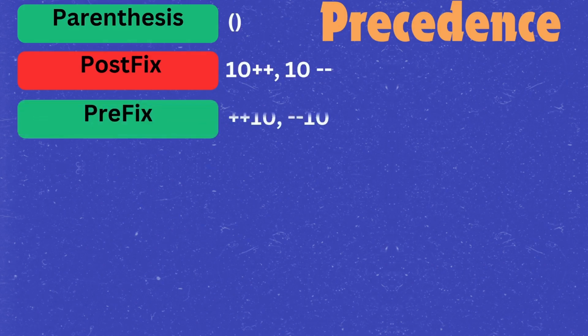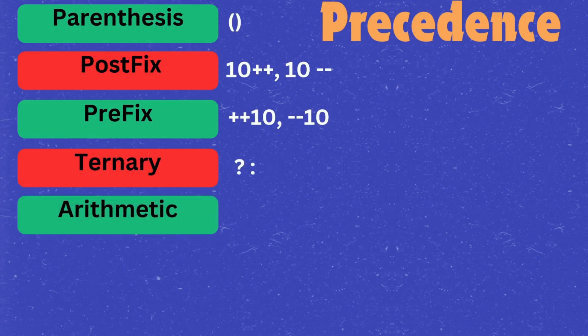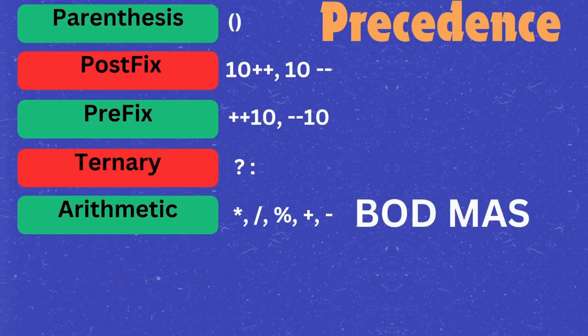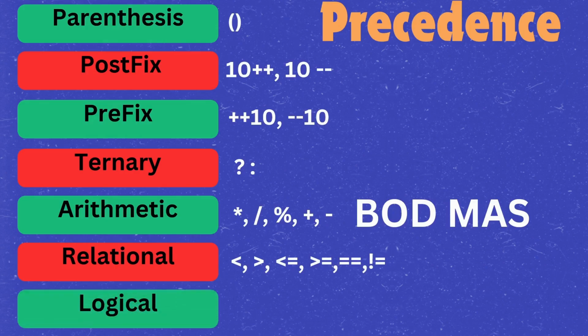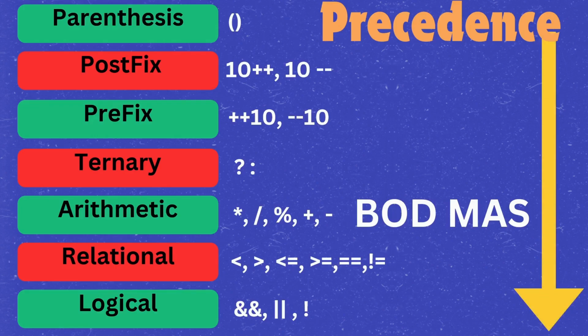Then we have prefix, then ternary, then arithmetic and relational, and the last one is logical. So this is the order of precedence of Java operators from highest to lowest, starting from the highest, parenthesis, and the lowest, logical. So you have to remember this chart.